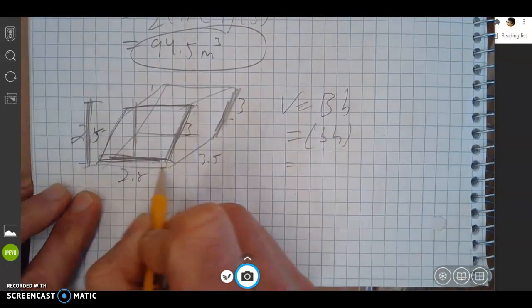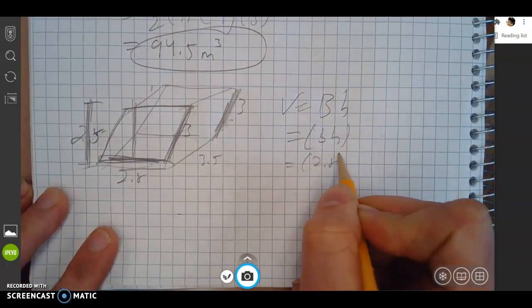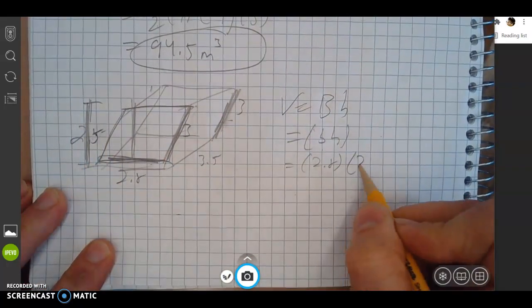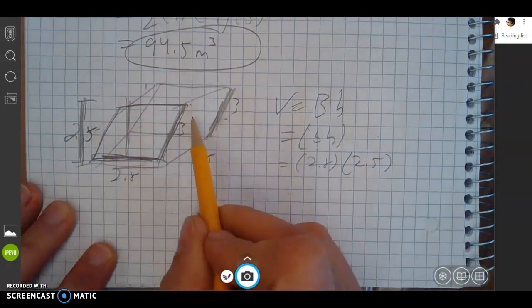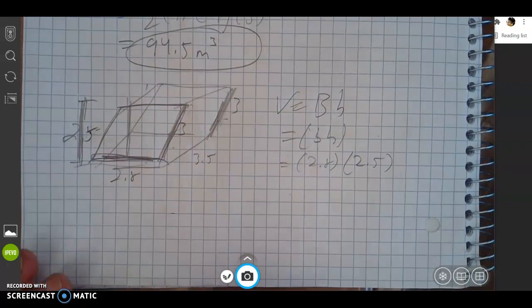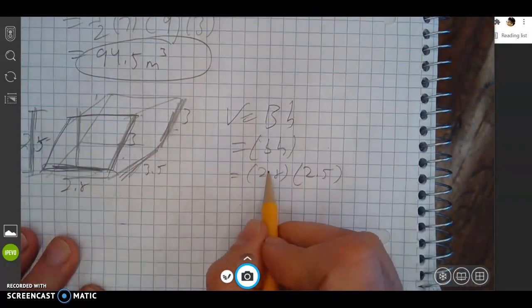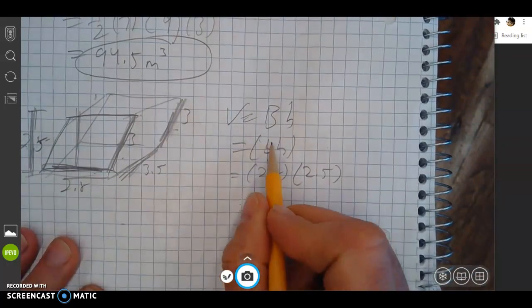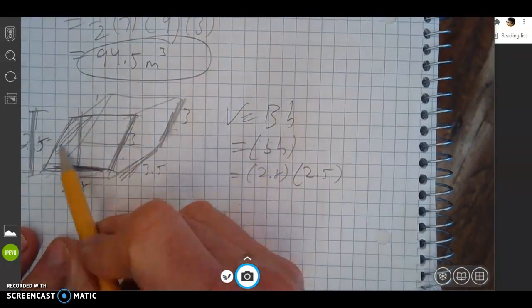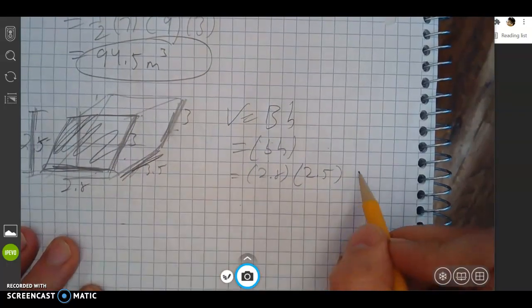So the base is 2.8. The height is 2.5. Now let them fool me. This 3's got nothing to do with it. And then the height or length of the whole thing, this is just the area of the parallelogram, is going to be 3.5.